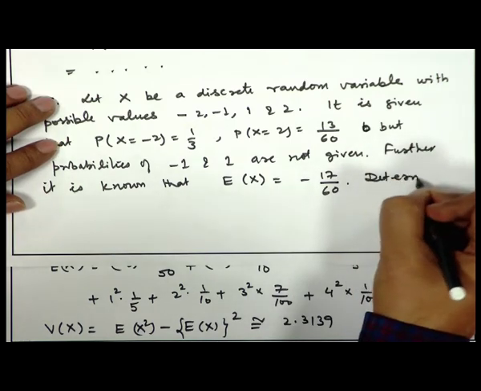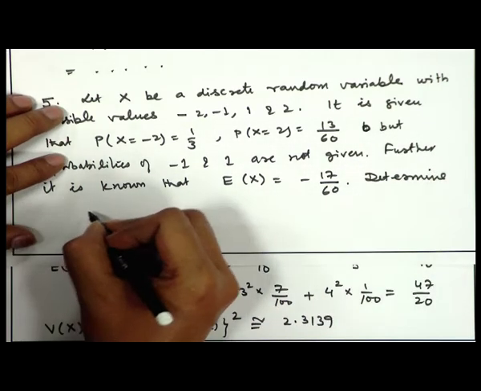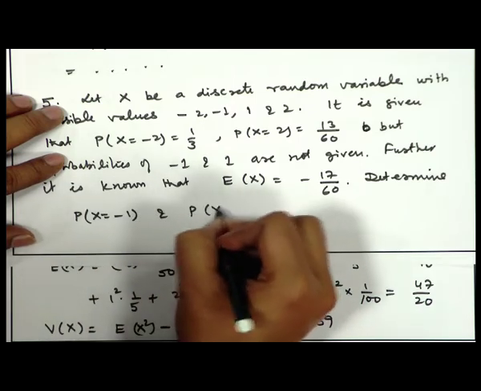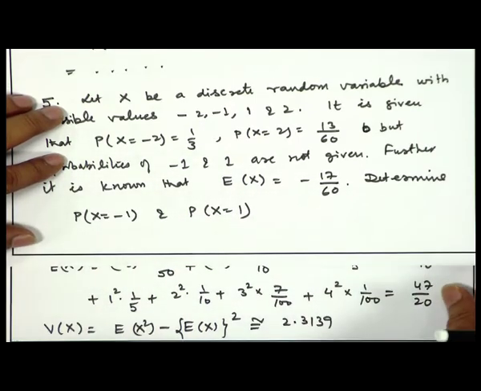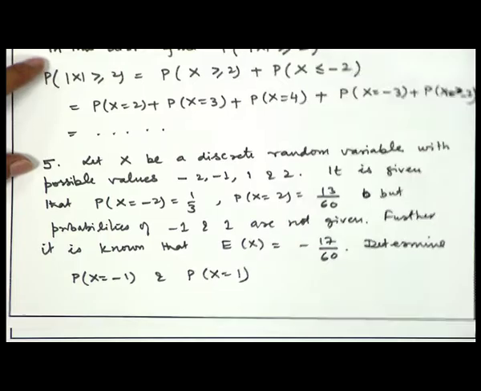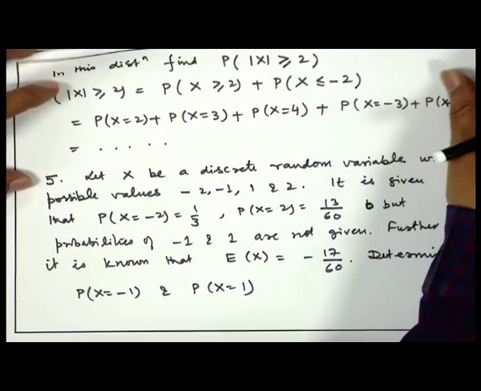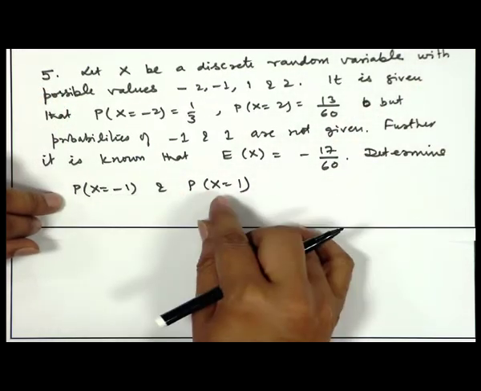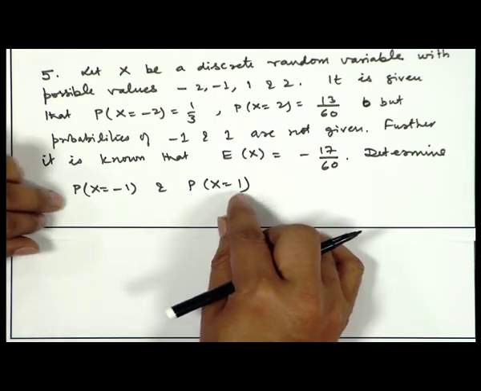Determine probability of x equal to -1 and probability x is equal to 1. So, from the given information, we have to calculate the probabilities of x is equal to -1 and x is equal to 1.